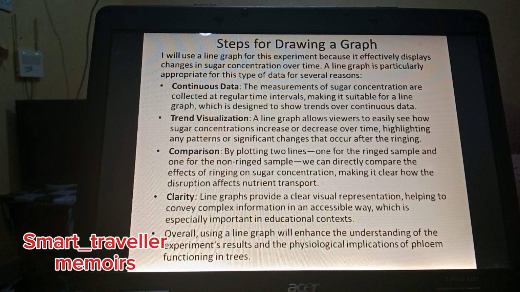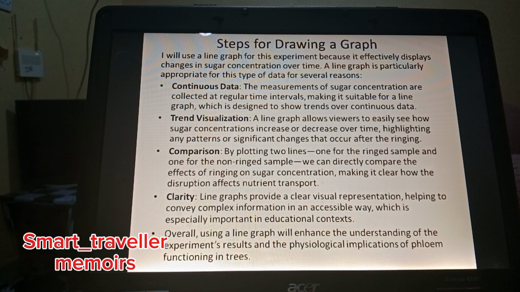Trend visualization: a line graph allows viewers to easily see how sugar concentration increases or decreases over time, highlighting any patterns or significant changes that occur after the ringing. Comparison: by plotting two lines, one for the ringed sample and one for the non-ringed sample, we can directly compare the effects of ringing on sugar concentration, making it clear how the disruption affects nutrient transport.